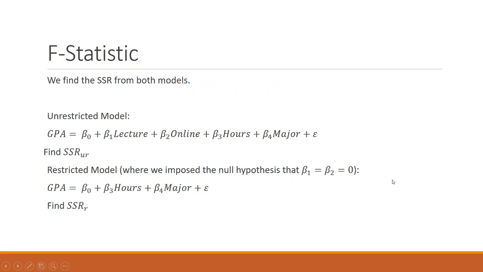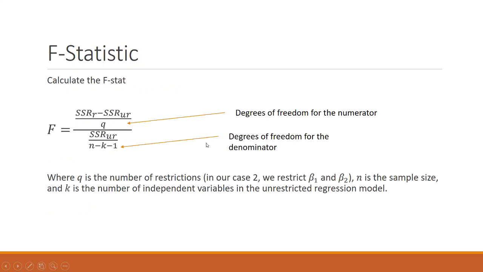Then what happens is that we run both models. You run the unrestricted model and you find the sum of squared residuals for the unrestricted model. Then you run the restricted model, you find the sum of squared residuals for the restricted model. Then you use those numbers to construct your F statistic.